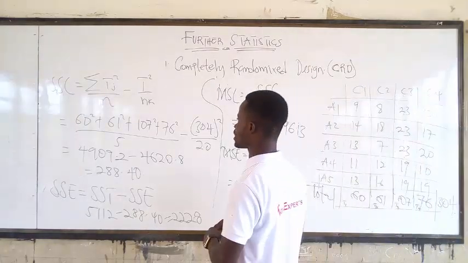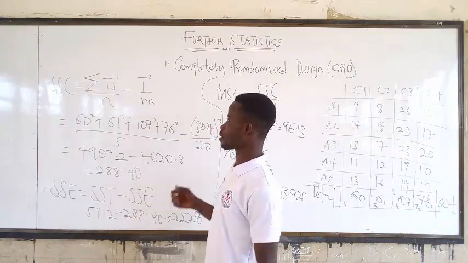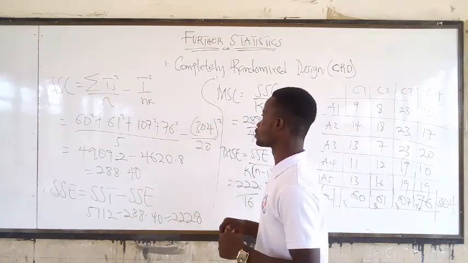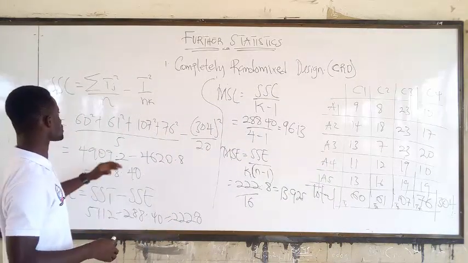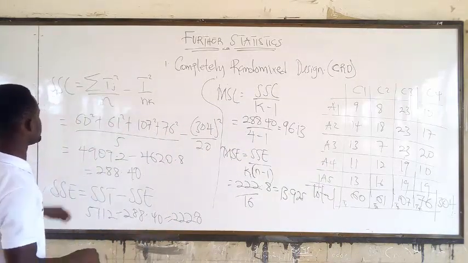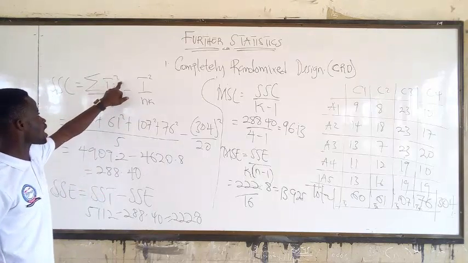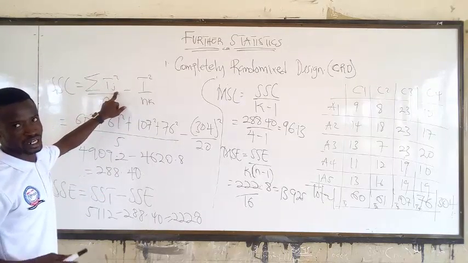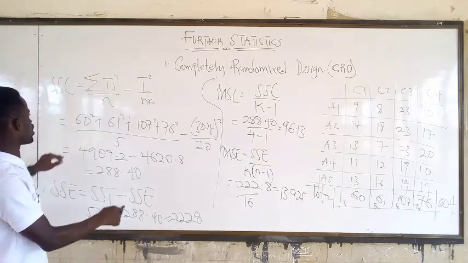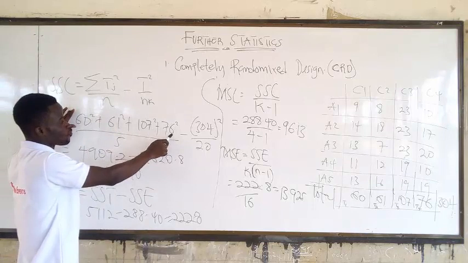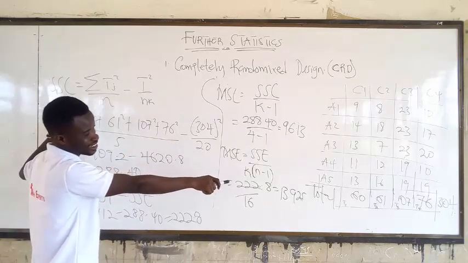Alright, so now from here let me go and find our sum of square column. The formula used to find the sum of square column is this. So the summation of T squared j here is what you have to understand. This one means that we are going to sum all the totals, the T's there.